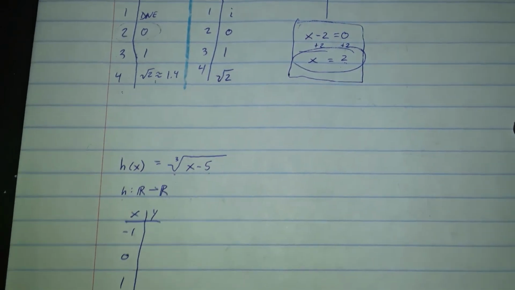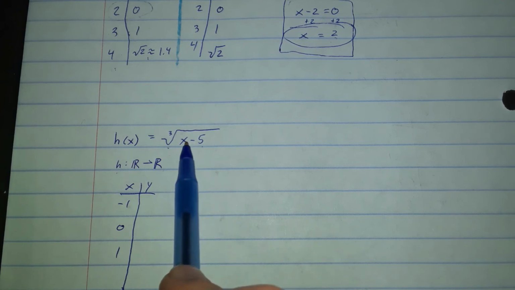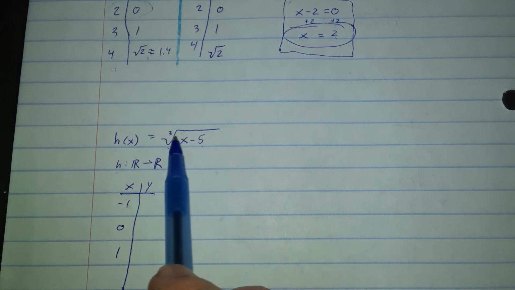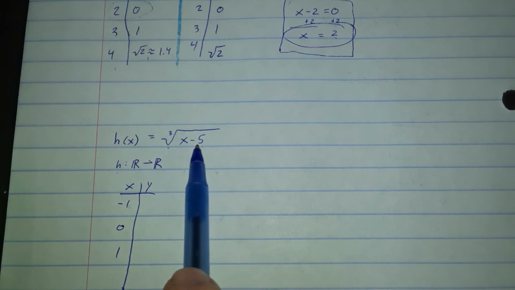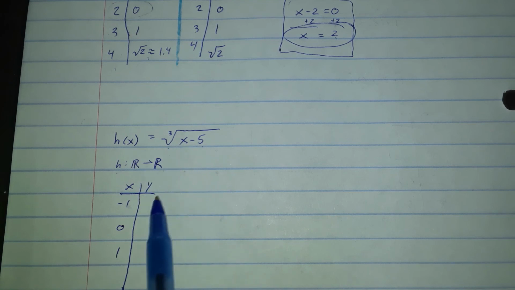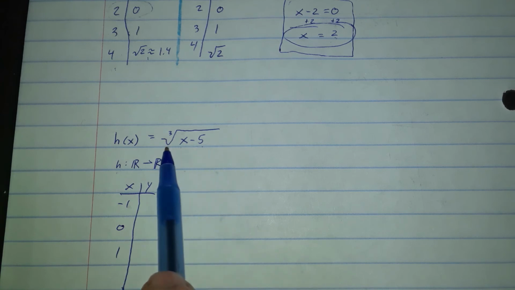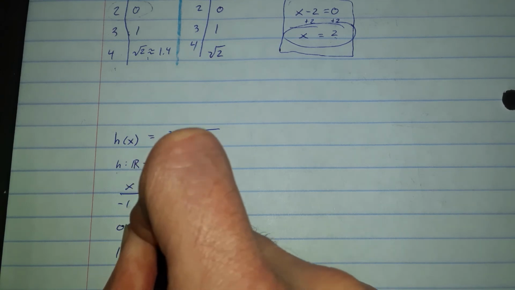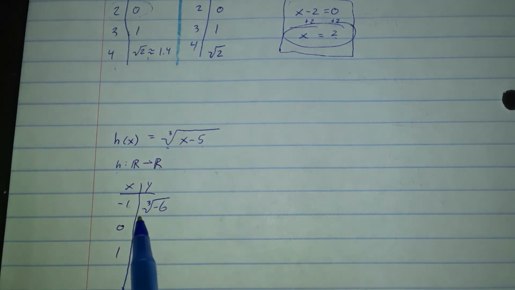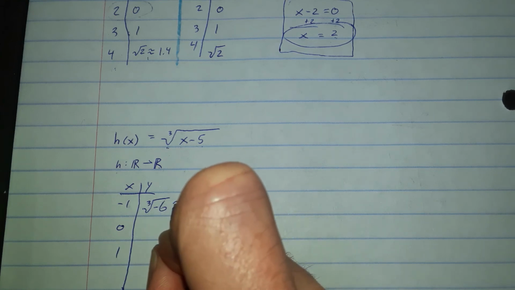If I plug in -1 to here, I'll have -1 minus 5 is -6. So I take the cube root of -6. If you type that into your calculator, it's going to give you a result. The cube root of a negative number is a real number. In a very precise way, we can just write the cube root of -6, or you can plug this into your calculator to get some decimal equivalent.